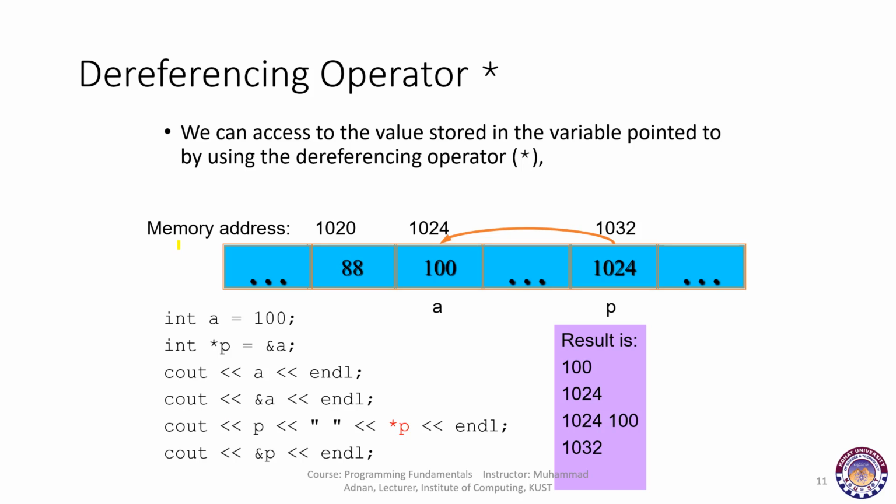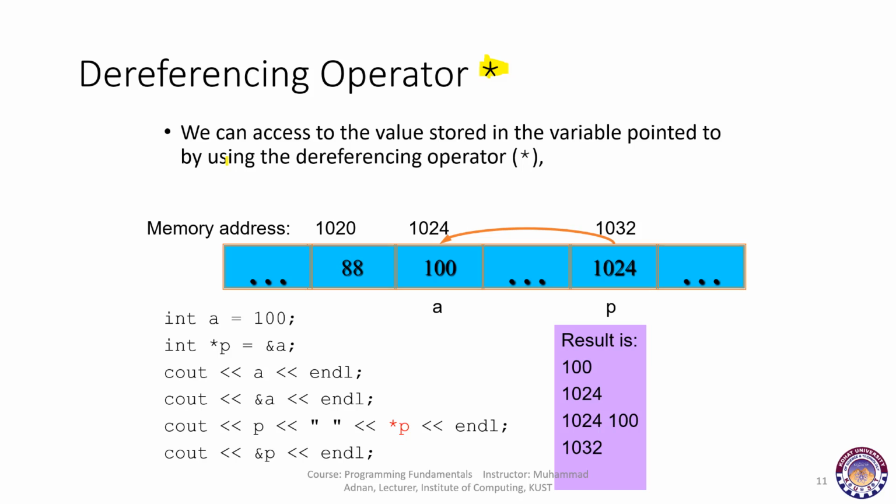Alright, we also have a dereferencing operator, but remember, the asterisk used at the declaration has a different meaning as compared to when used with the cout statement. So we can access the value stored in the variable pointed to by using the dereferencing operator.